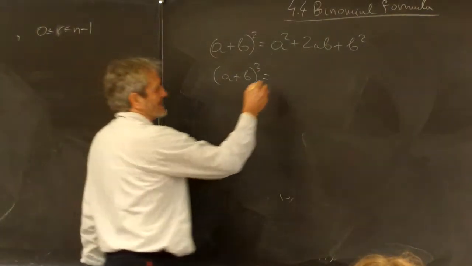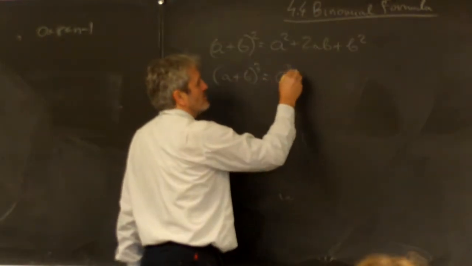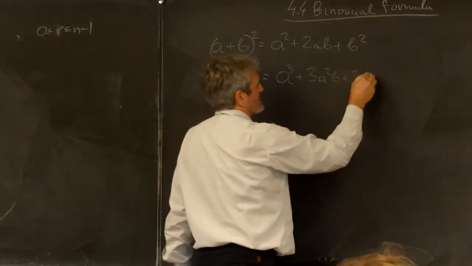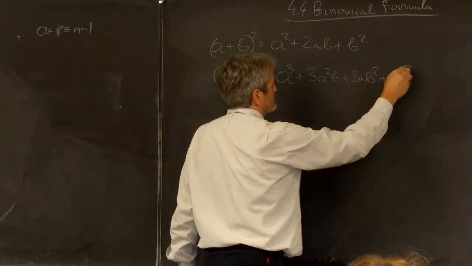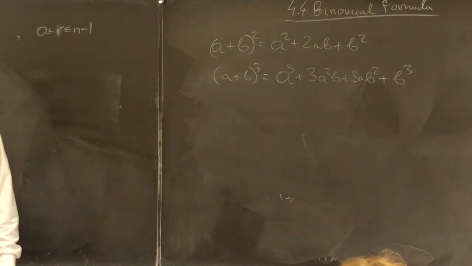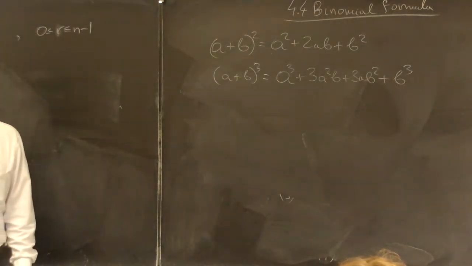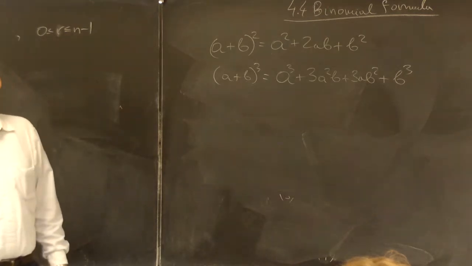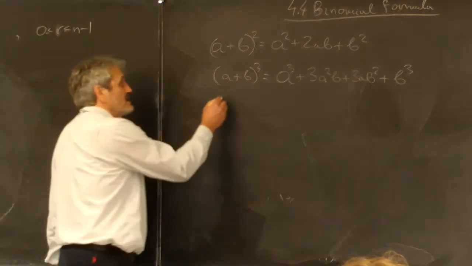Bravo. But I'll write it a little differently: a cubed plus 3a squared b plus 3ab squared plus b cubed. And you will see in a moment that this is the pattern. So, what happens? Actually, my question is, but what if I need (a + b) to the fourth?